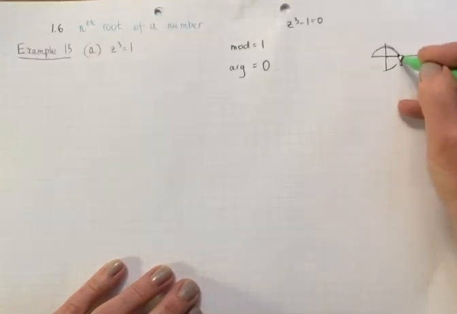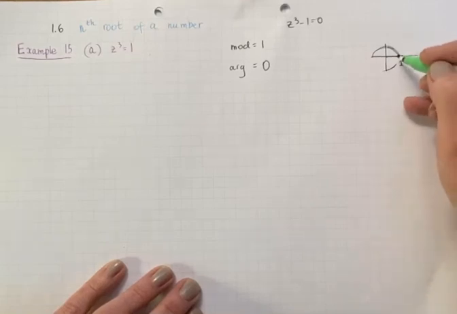If you say argument 2 pi, which is equivalent to 360, that would also take you to that point. If you add another 2 pi to take you to 720 degrees or 4 pi, in Cartesian form this will also take you to the complex number 1.